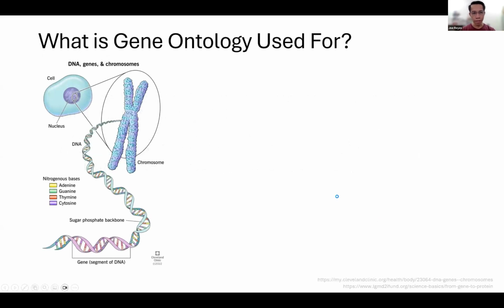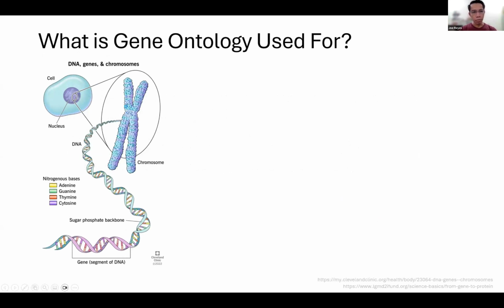So all of us have cells. Within our cells, there's DNA. This is an illustration, for those of you who are non-biologists, of how your DNA is packed inside your cell. So you have your chromosomes, which I'm sure we've encountered at least in high school.